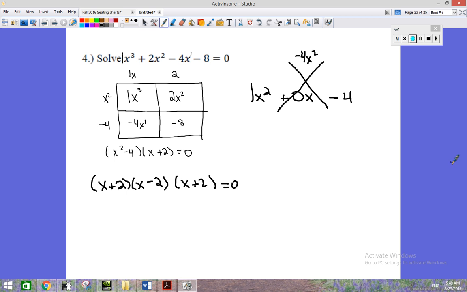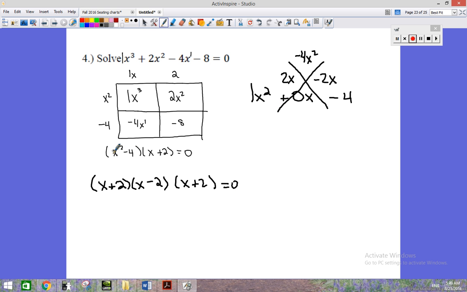So now we're looking for two numbers that when multiplied together give us this -4x squared, but yet when added give us this 0x. Since this is a negative number, one of them is going to be positive and the other is going to be negative, and when you add them together you get 0. So positive 2x and negative 2x do the trick.